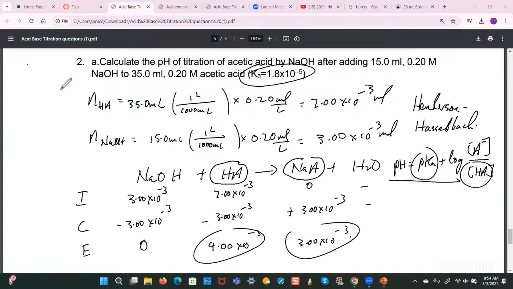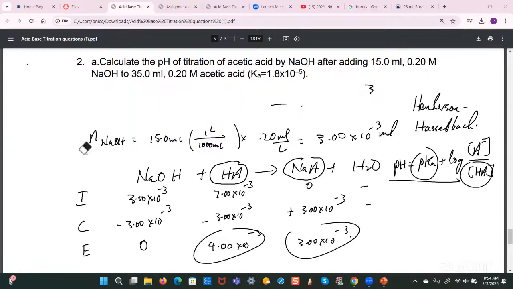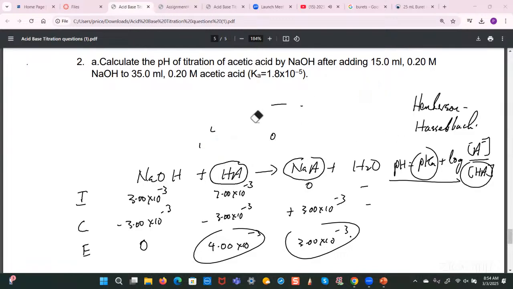Now, I'm definitely going to need some space here, so I'm going to do some erasures. Let me just erase this line right here. In fact, let me just erase all this here at this point.